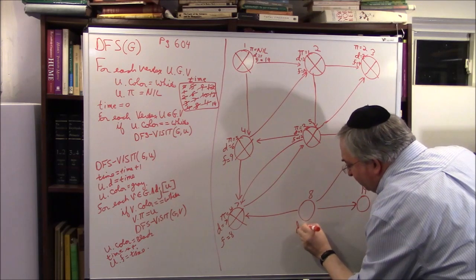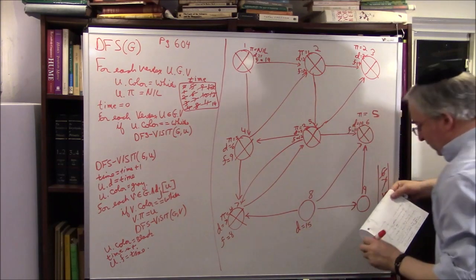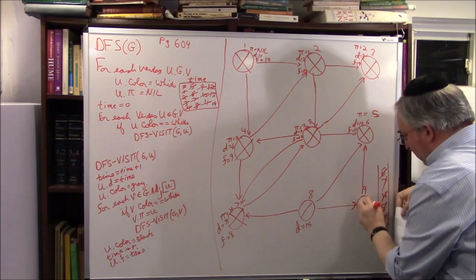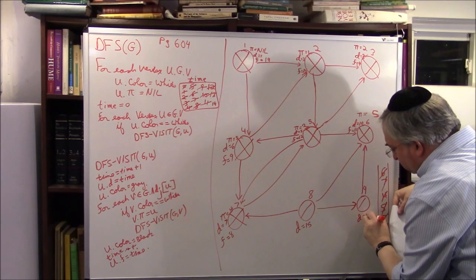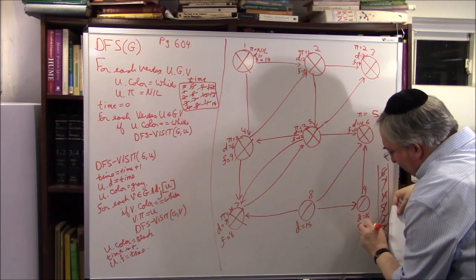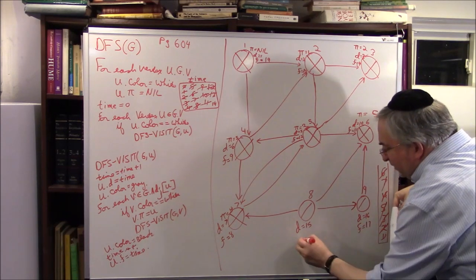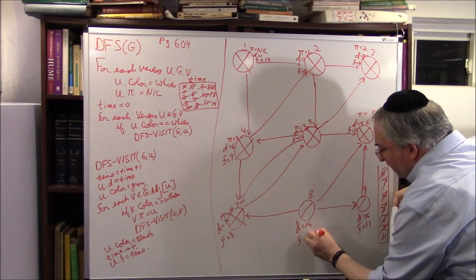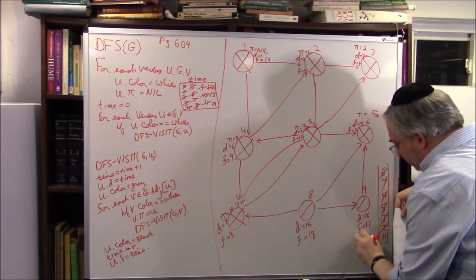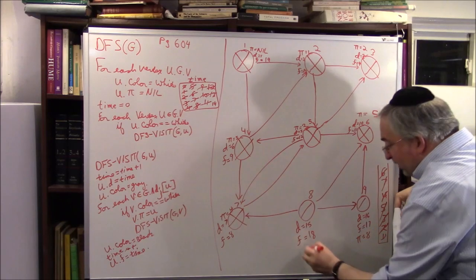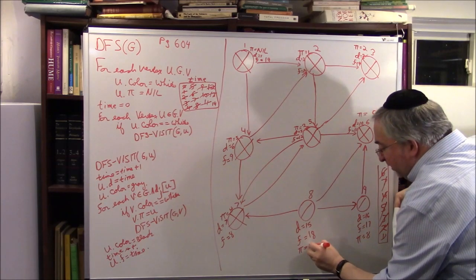This is discovered at 15. This is discovered at 16. This is finalized at 17. This is finalized at 18. And his parent is 8. And his parent is 0.